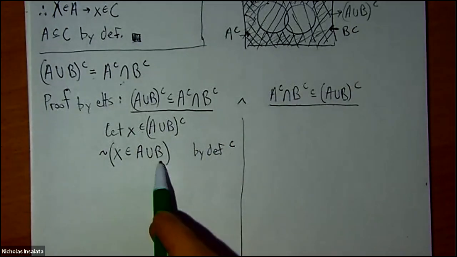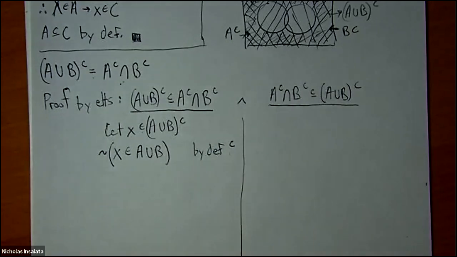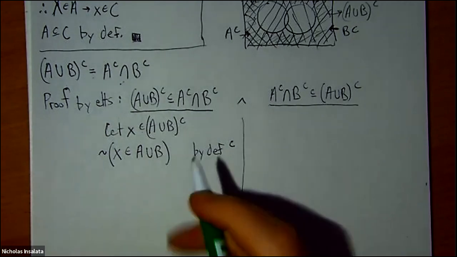Okay, so what do I do next to unpack the set notation and transform it into logic notation? So I already translated the complement. Yeah, I changed union to or. Very good.